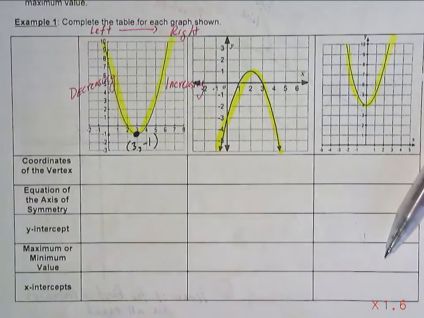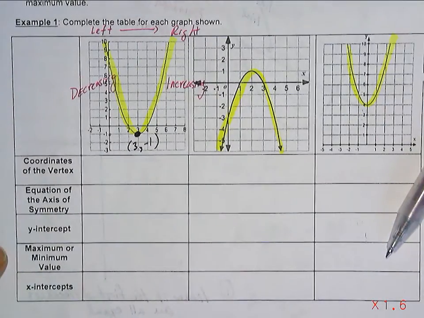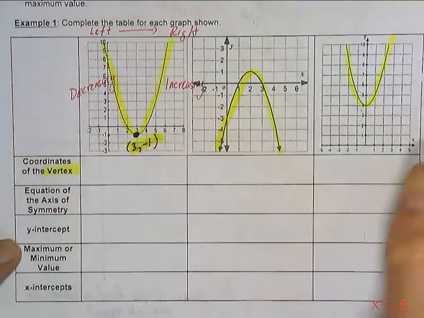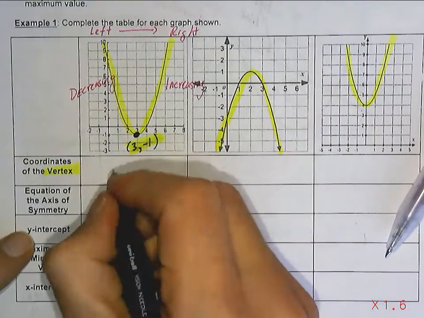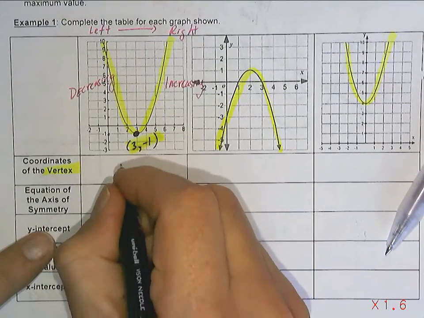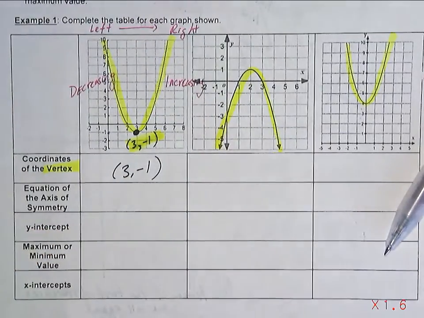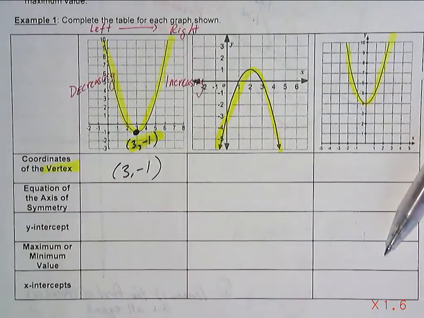That point where it changes direction is what we call the vertex. So this is the vertex. The vertex for this parabola is 3, -1. That's where it changes direction. Make sure you're with me, Sean, because it gets really bad if you don't know what this stuff means and you're trying to do it.